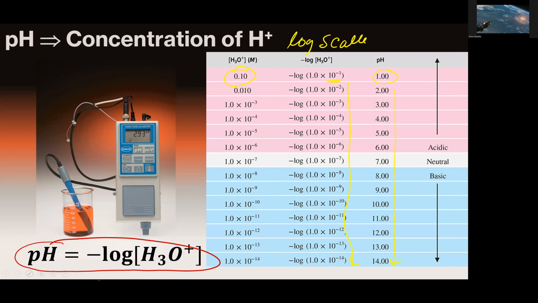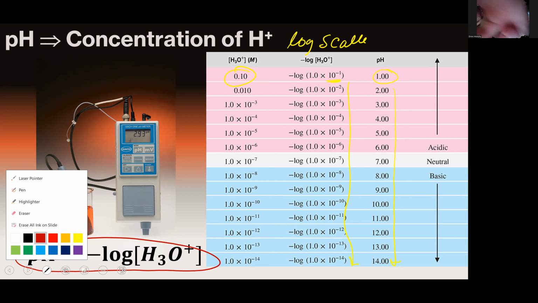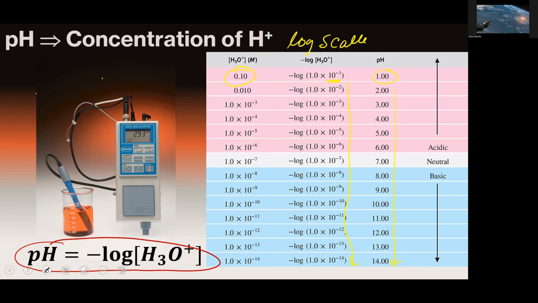What I want us to get used to here is, can we pick out if a solution is acidic, basic, or neutral? Neutral just means it behaves like pure water. It's not acidic or basic.